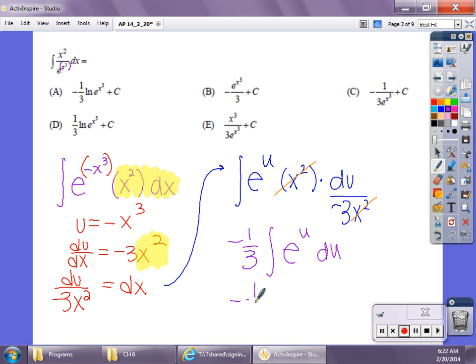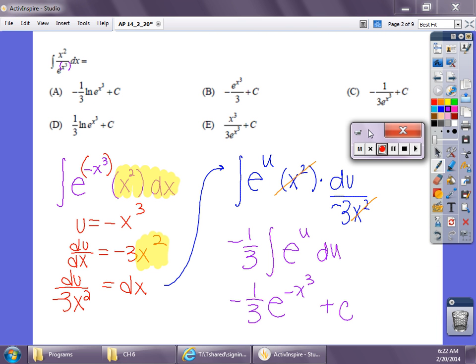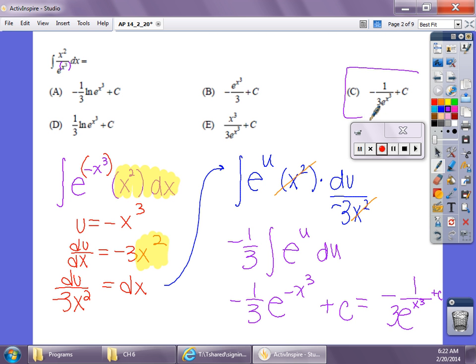So that just becomes negative 1/3 times e to the u, which is just e to the u. u was negative x cubed, and then plus 3. None of the answers have negative exponents, so I'll have to change this. So I get negative 1 over e to the x cubed, don't forget my 3 down there, plus c. And so negative looks like c is your answer.